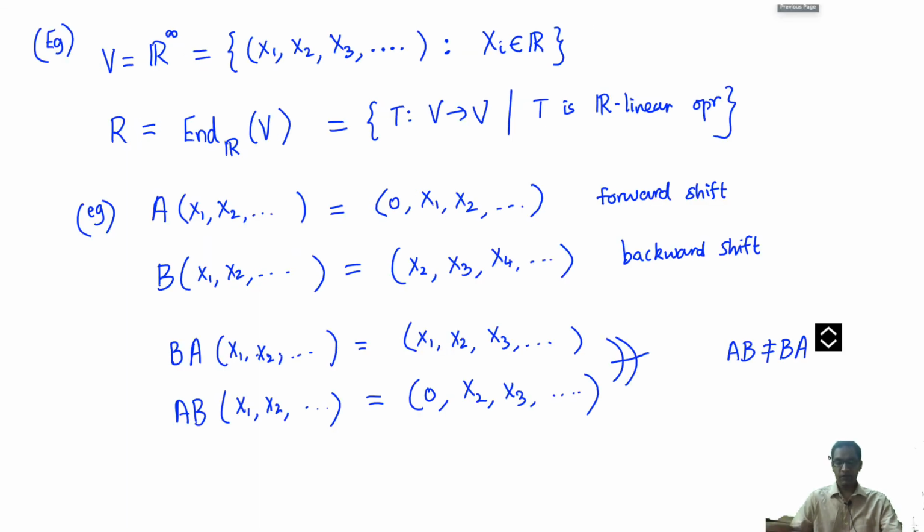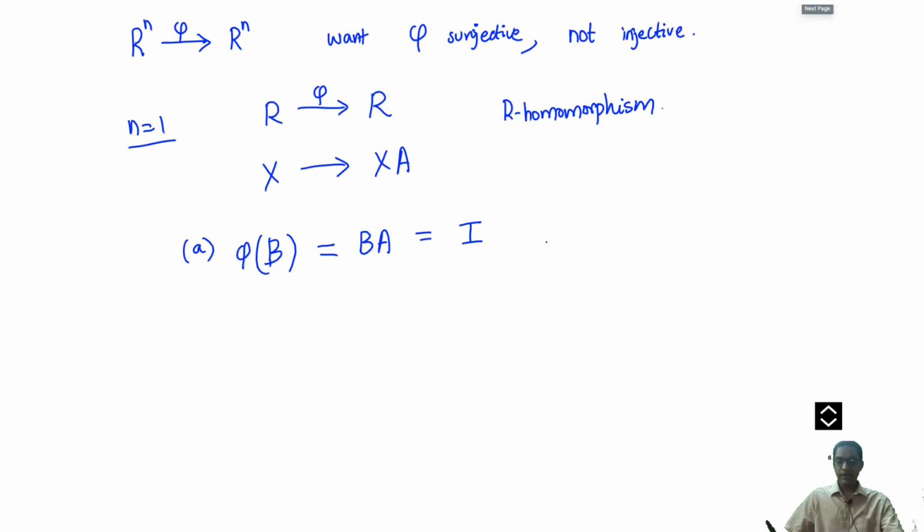That's the thing that we looked at first. So in particular, if I apply phi to XB, take any x in your ring R, then by definition this is XBA, but BA is the identity, so this is X.